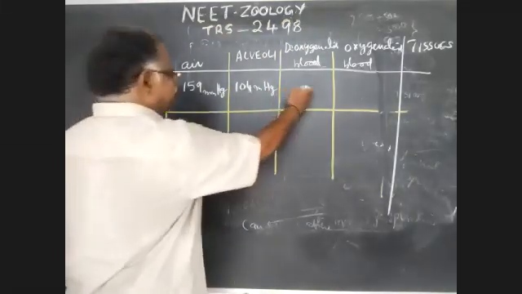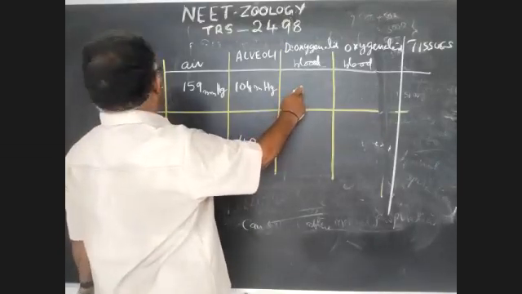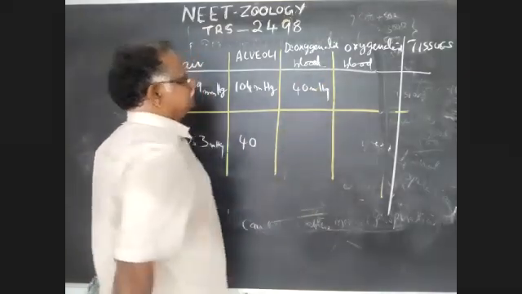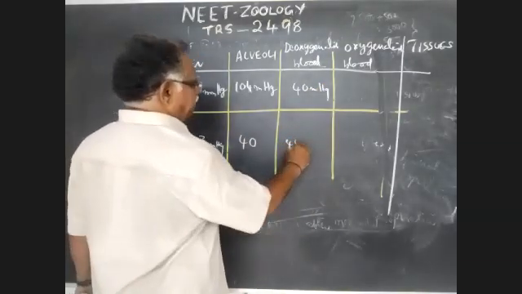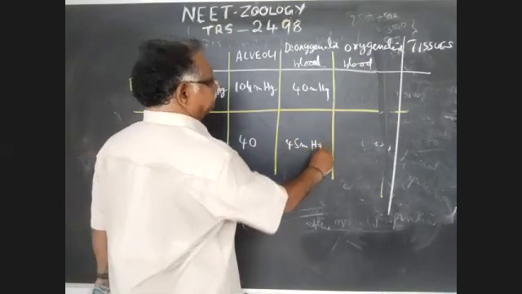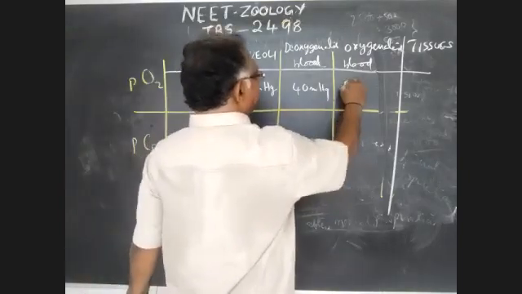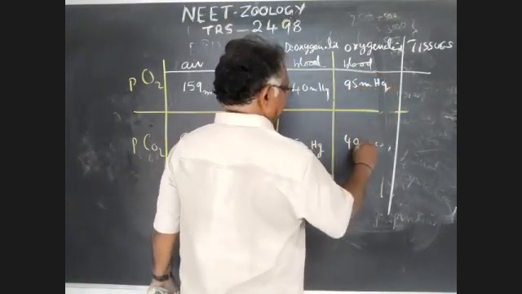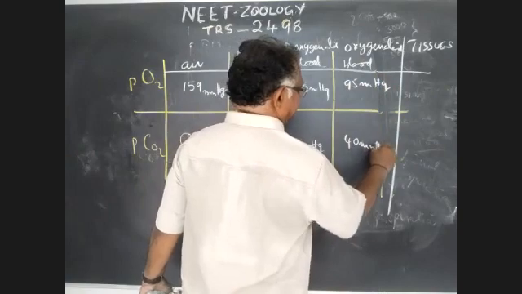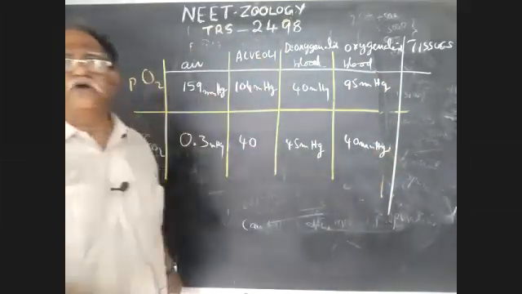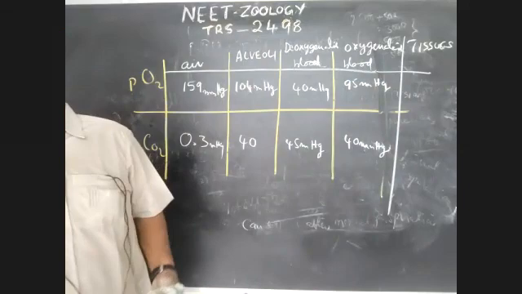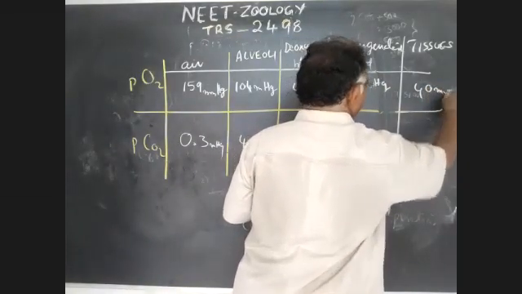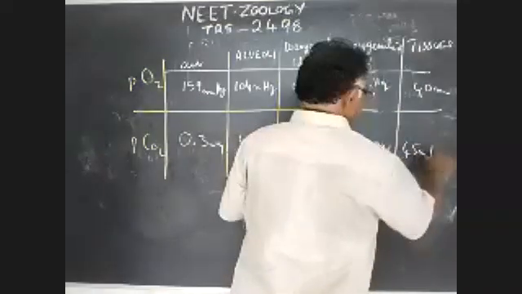In deoxygenated blood, the PO2 is 40 mmHg, and PCO2 here is 45 mmHg. In oxygenated blood, PO2 is 95 mmHg, PCO2 40 mmHg. These figures you have to remember. And in the tissues, PO2 is 40 mmHg and PCO2 is 45 mmHg.